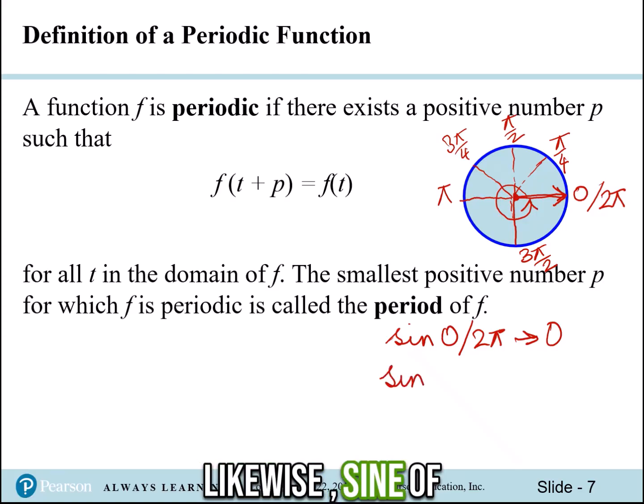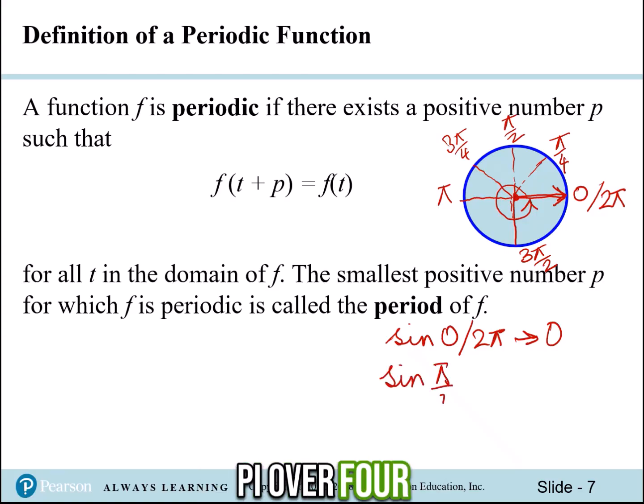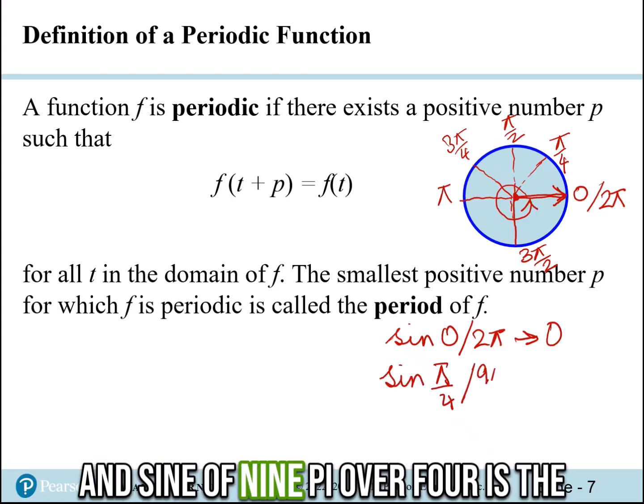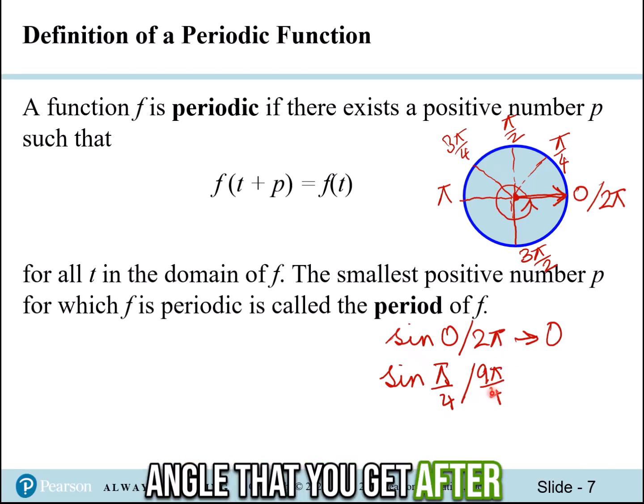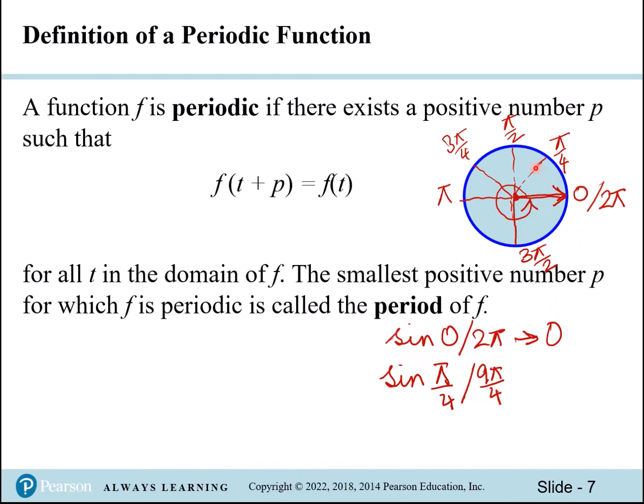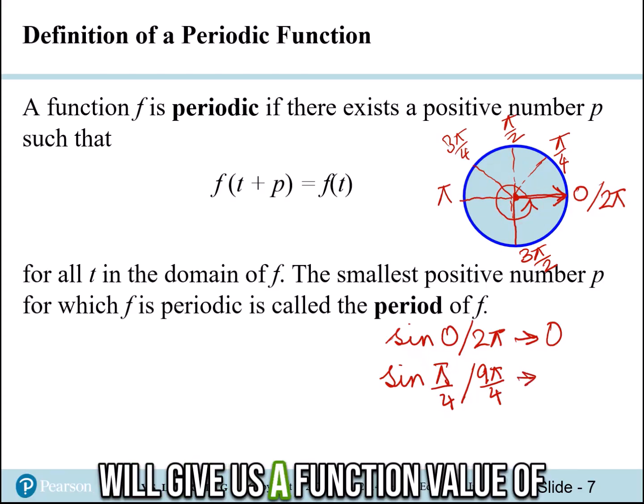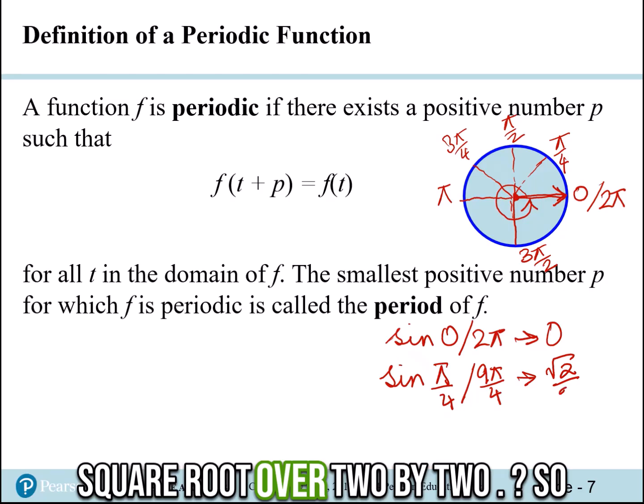Likewise, sine of pi over 4 and sine of 9 pi over 4, which is the angle that you get after completing a 2 pi rotation, will give us a function value of square root of 2 by 2.